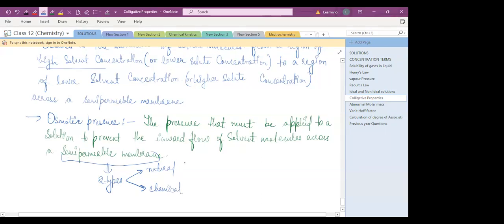Natural and chemical based. Under natural you can write vegetable membranes and animal membranes, which are used as natural membranes.